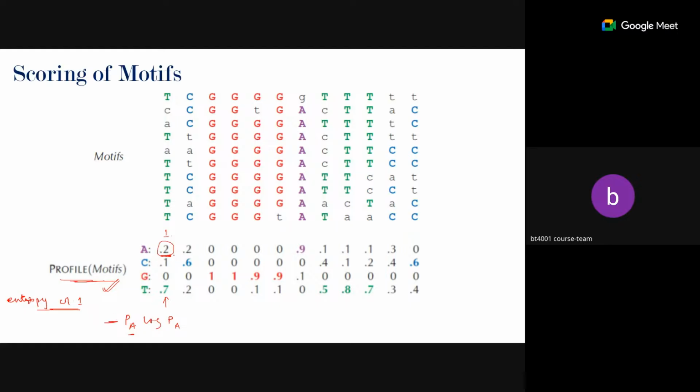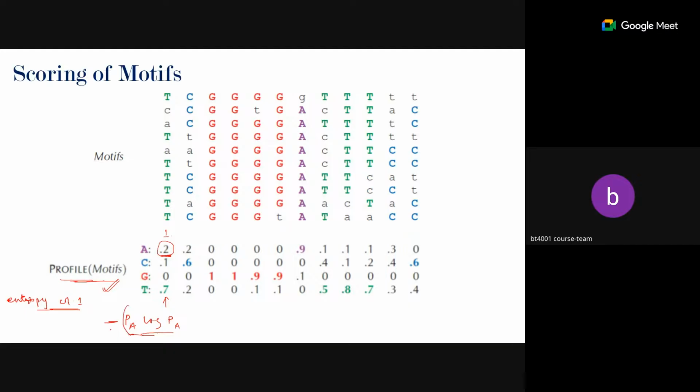So I will take the probabilities of each of these nucleotides and compute the probability of that nucleotide at that column or position times the logarithm of the same probability. Okay, and then we will sum it up.